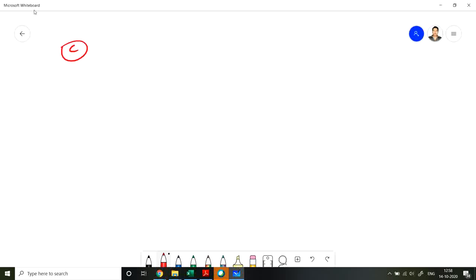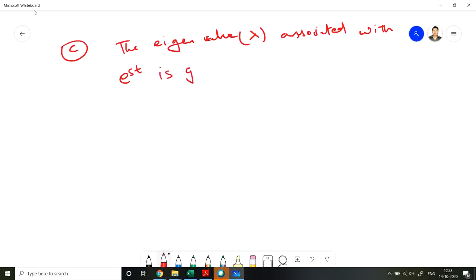Now comes the C part. The eigenvalue lambda associated with e raised to the power st is given by lambda equals hs, equals the integral from minus infinity to plus infinity of h tau e raised to the power minus s tau d tau.